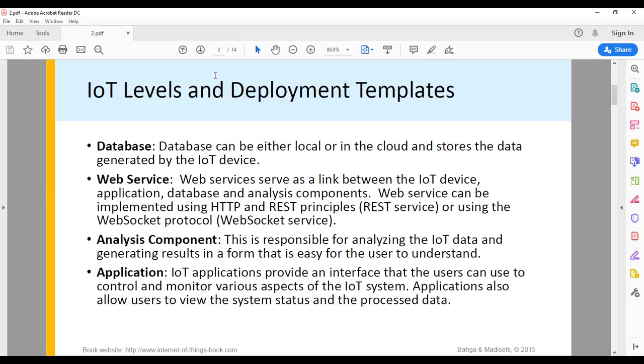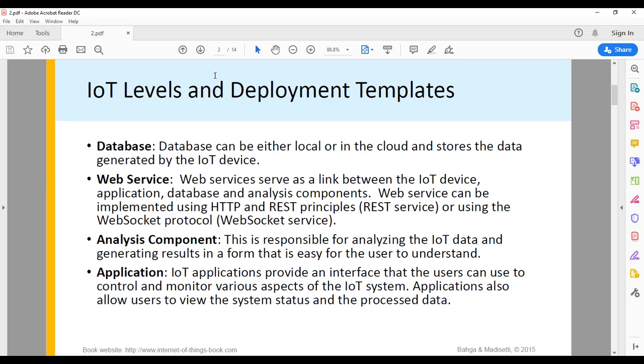Then the analysis component. There should be a mechanism to process the data and fetch the results or reports from it. Then applications. For a specific purpose we design IoT devices or IoT systems.